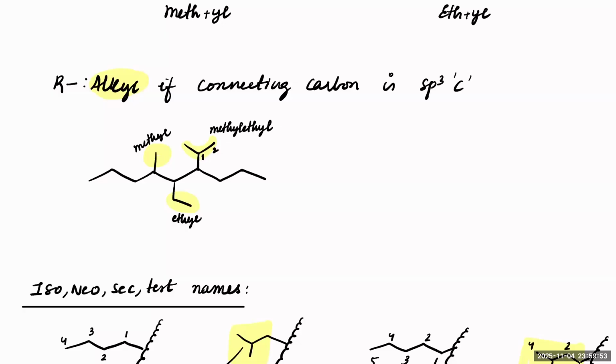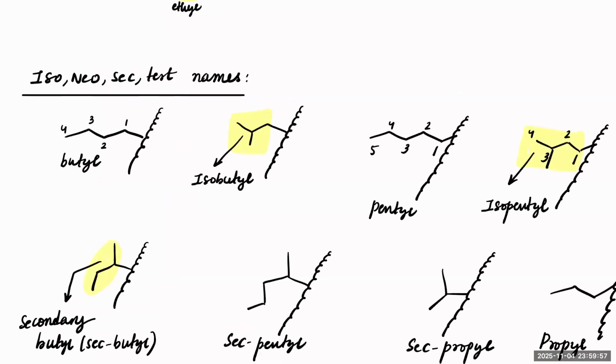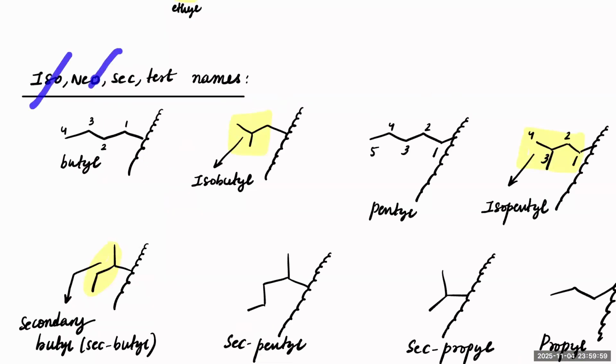Got it? Next. Notice if you have names like iso, neo, secondary, tertiary, these are the types of names that have been used. First one, if you have four carbons connected to a main chain, this will become butyl. If you have four carbons like this, it is isobutyl. This is pentyl.